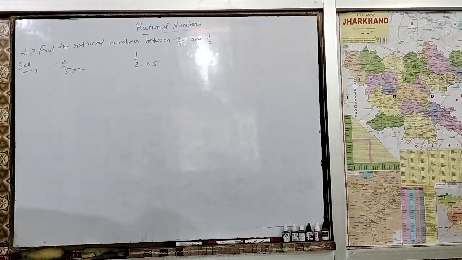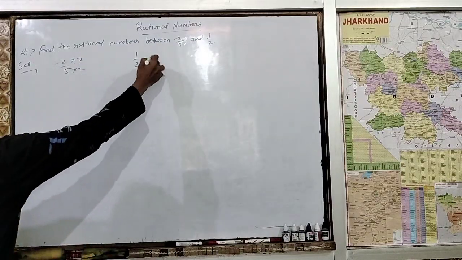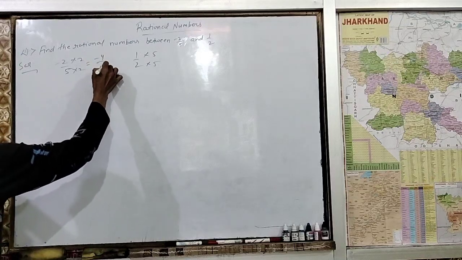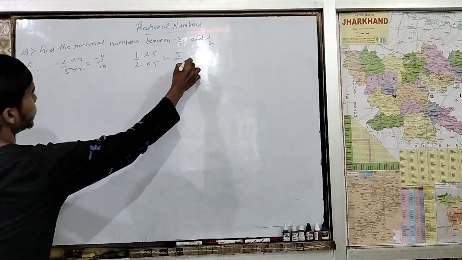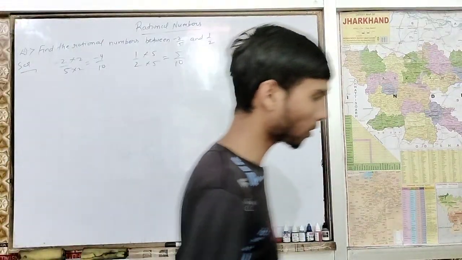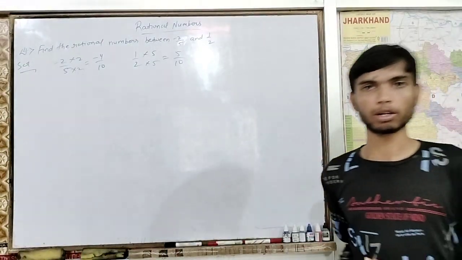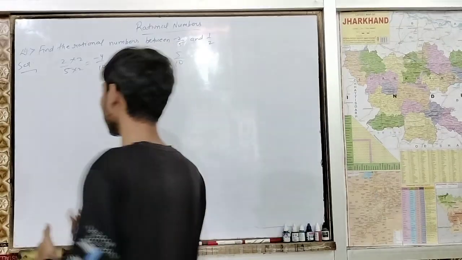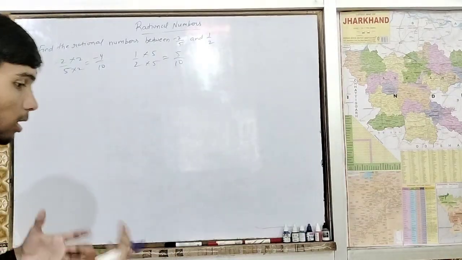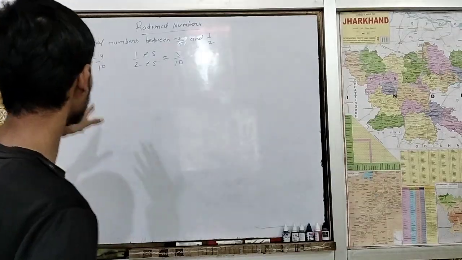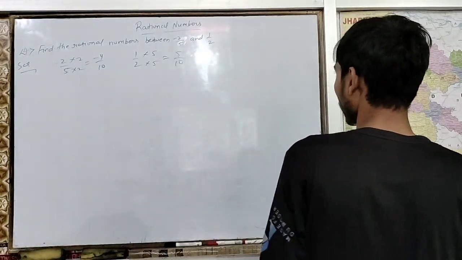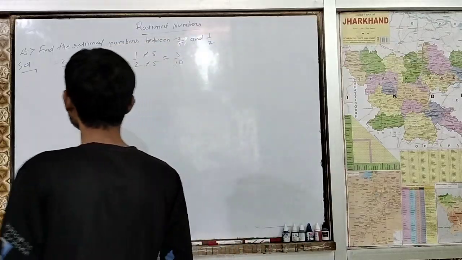Same we will do here. What is happening over here? It is giving minus 4 upon 10 and 5 upon 10. Now our denominators in both fractions are the same. We are able to find the rational numbers between these. So look over here, there are a lot of rational numbers between this minus 4 and this 5.